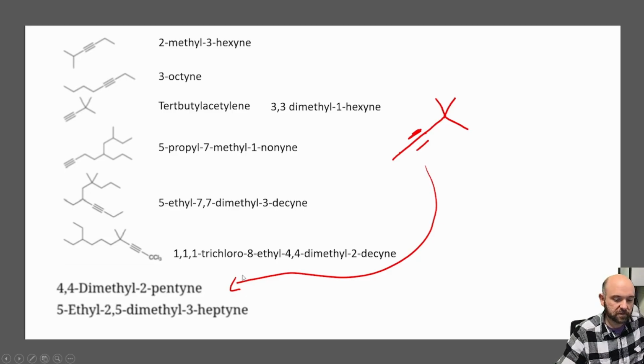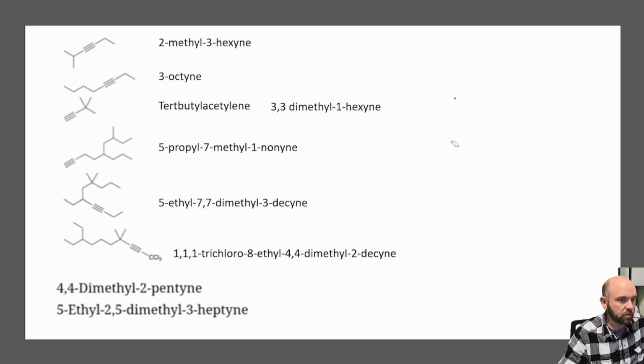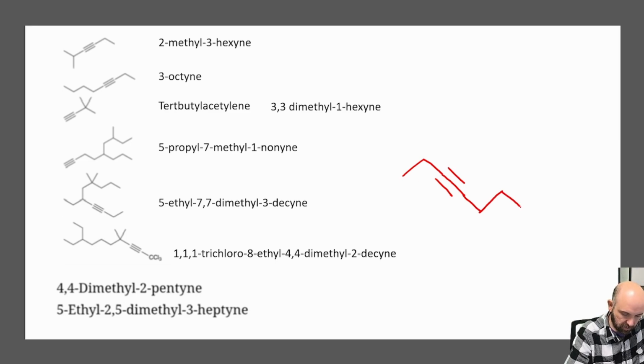Now, the other example here says we want to do 5-ethyl-2,5-dimethyl-3-heptyne. So when we draw that out, we would give us the heptyne. So 3-heptyne, we start on carbon 1, carbon 2, and then 3 would start our triple bond. So 1, 2, 3, 4, 5, 6, and we'll put a 7th one down here.